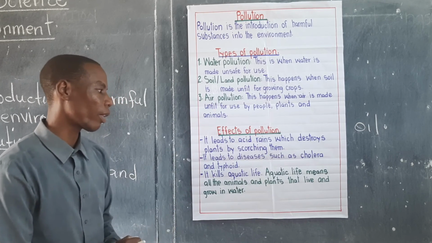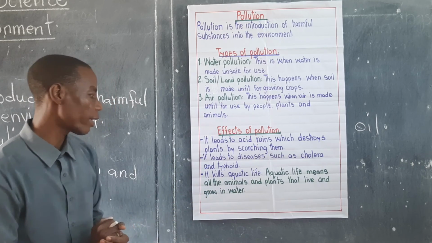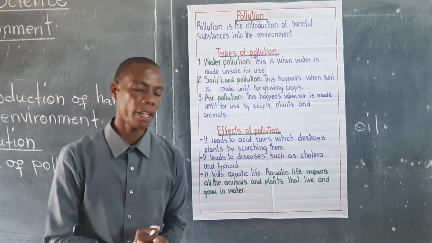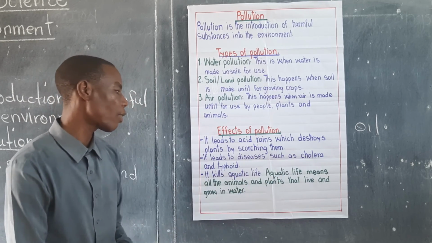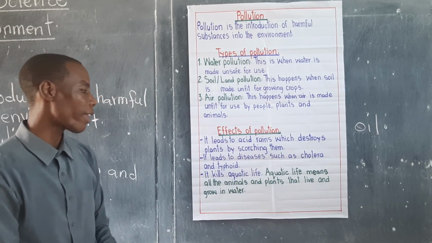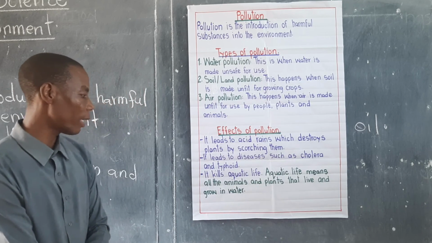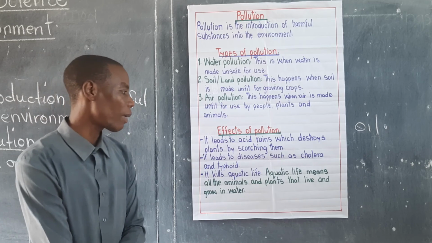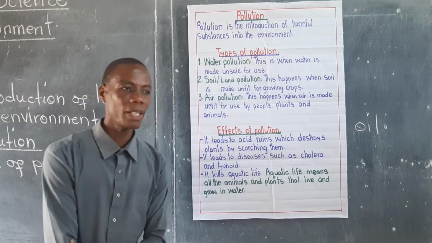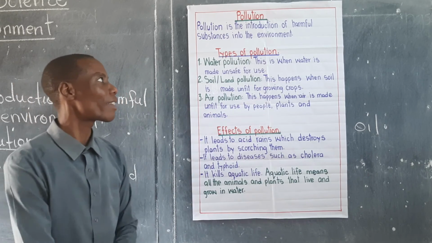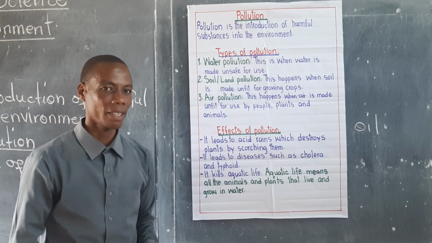This is common with water pollution. Aside from that, it kills aquatic life. Aquatic life means all the animals and plants that live and grow in water. So when it comes to integrated science in looking at pollution, this is what we can discuss.